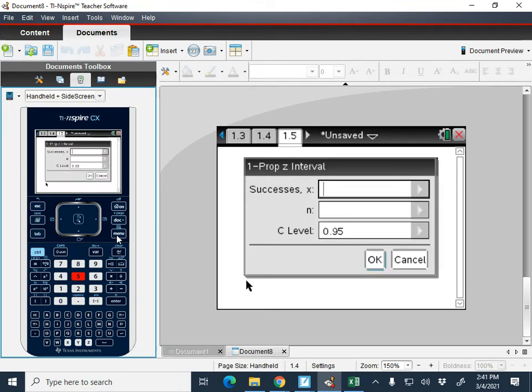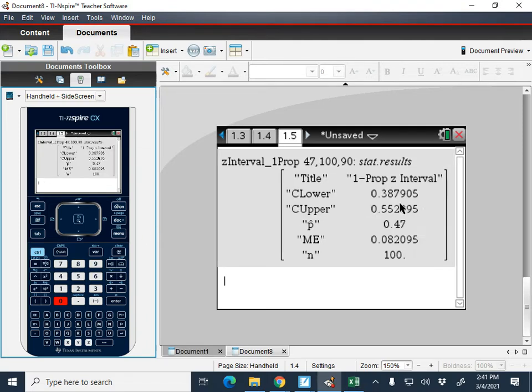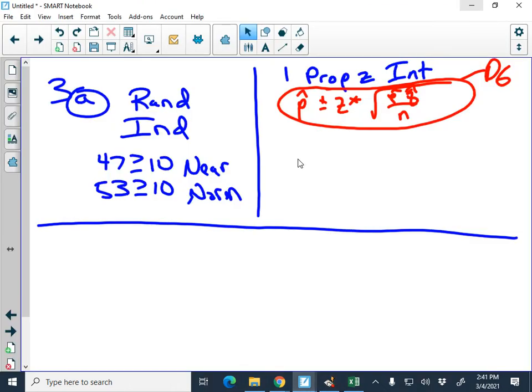Menu 6, 6, 5. We have 47 out of 100. We're doing a 90% confidence. And it gets us 0.387 to 0.552. Now pay attention to my wording that I'm going to do here.